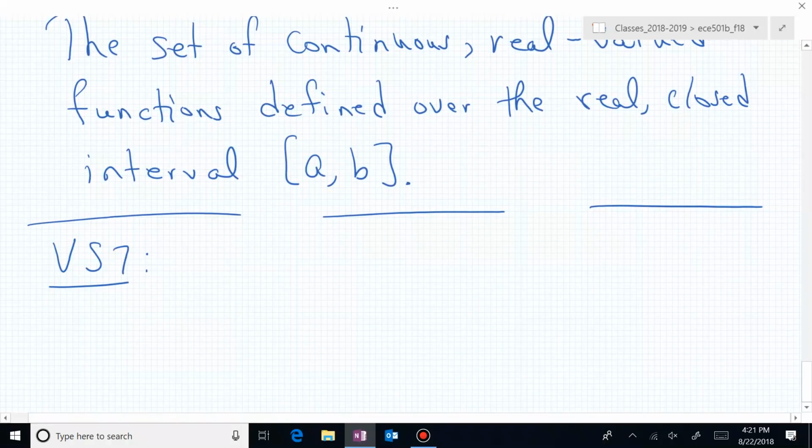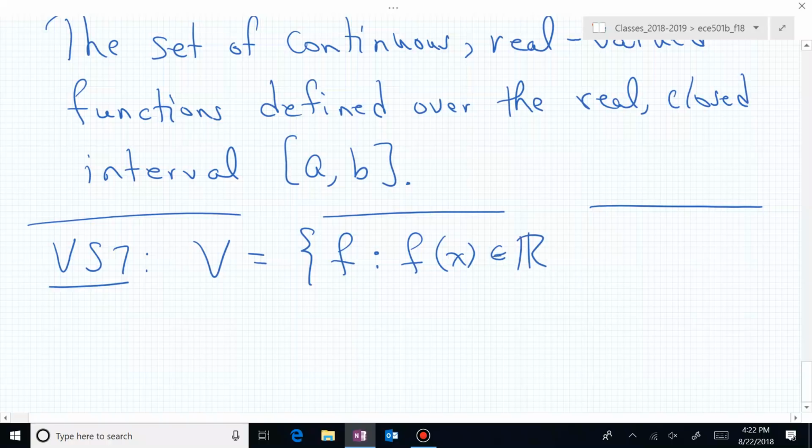Vector space 7. We can generalize that. Now we can just say functions defined over the real line. So now our vector space V is the set of functions f such that f of x, the image of that function, is a real number when the argument or the domain is a real number.